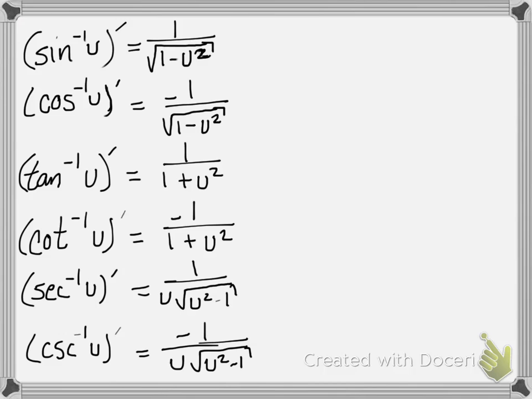Alright, so if you keep that in mind whenever you do your u substitutions, that if you come up with something that says to integrate 1 over the square root of 1 minus u squared, or 1 minus u squared to the 1/2, which is the same thing as the square root of that, then you can substitute that in for the arc sine of u.